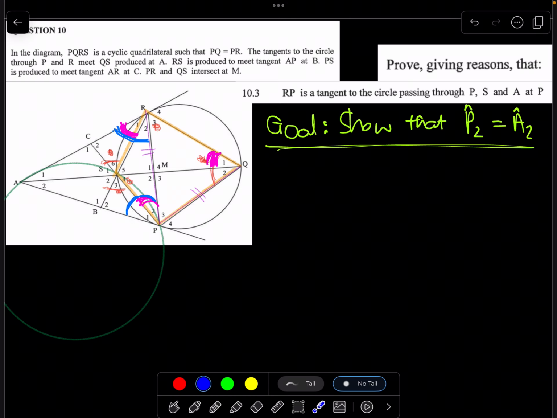So then it's an isosceles triangle, meaning that this angle is equal to this angle over here. Which is the same as this angle, just for fun, because angles in the same segment.